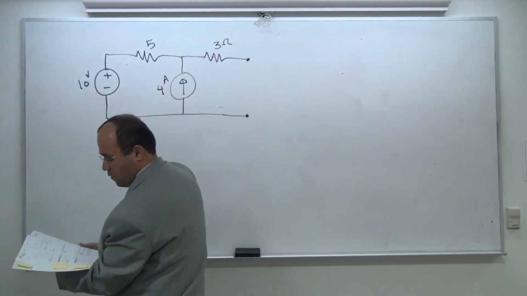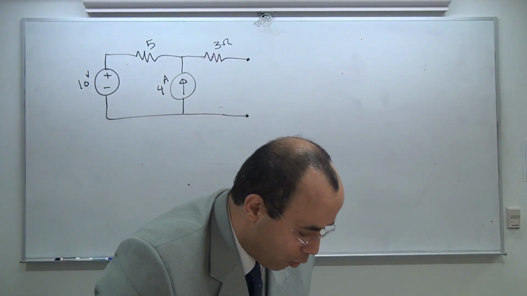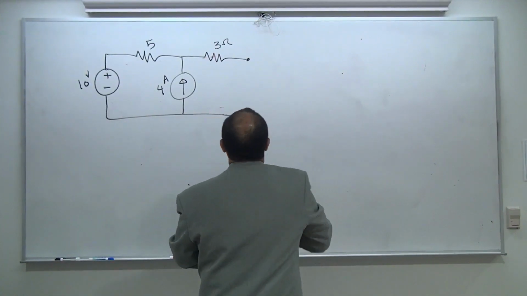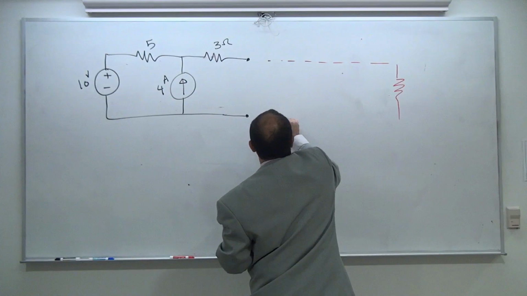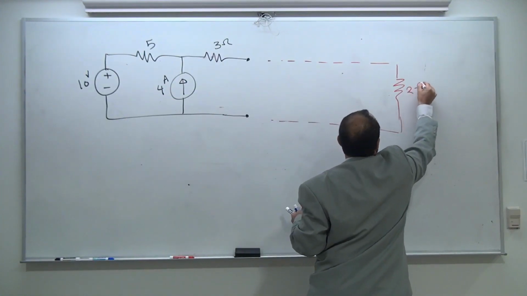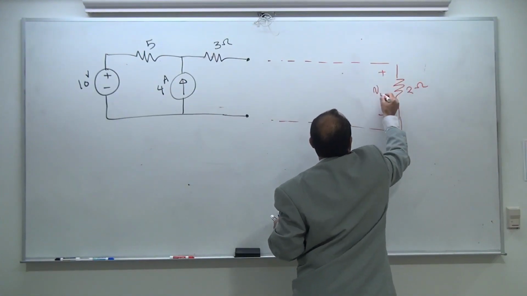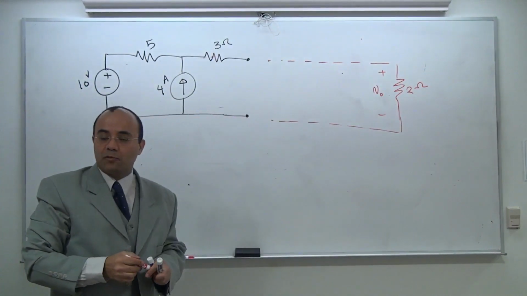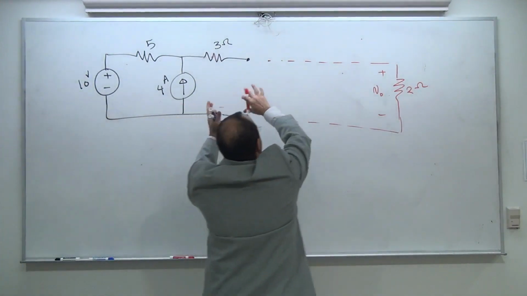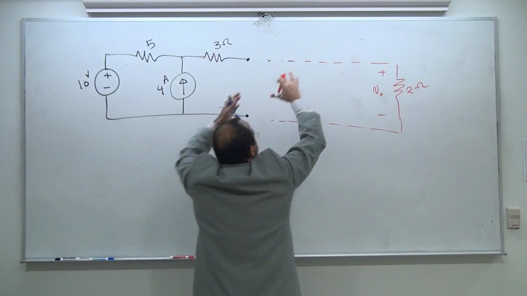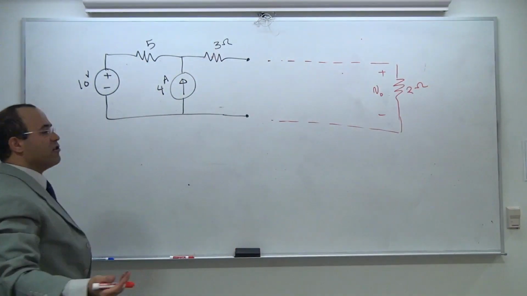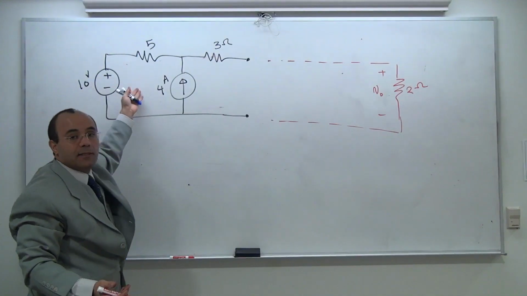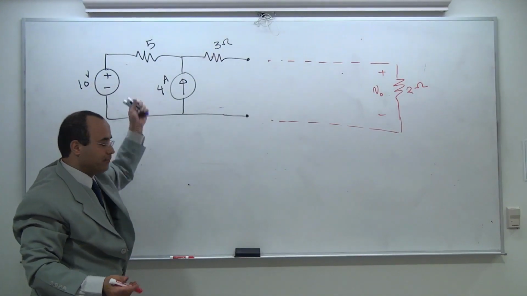Now, my load is 2 ohm. Let's go back. That's 2 ohm. There is a reason I'm actually drawing this far. Because I want you to be able to distinguish between non-loaded stuff and the loaded stuff. The question is, give me Thevenin of this.